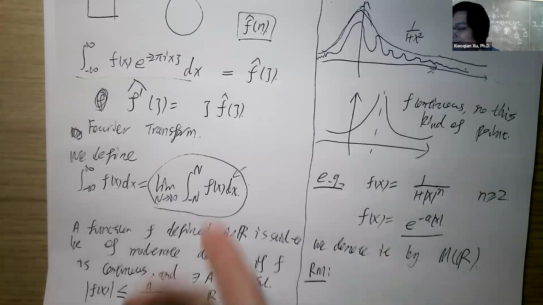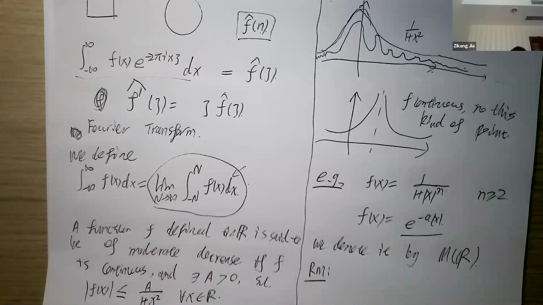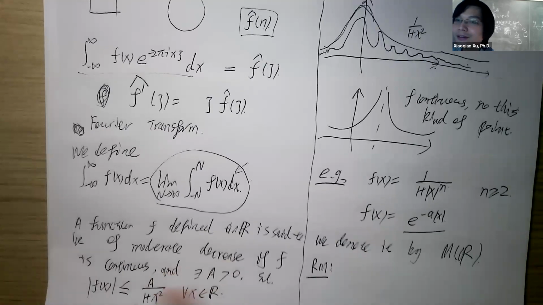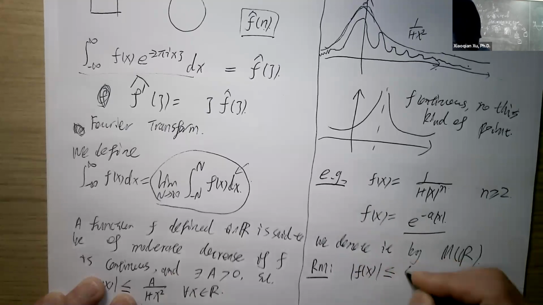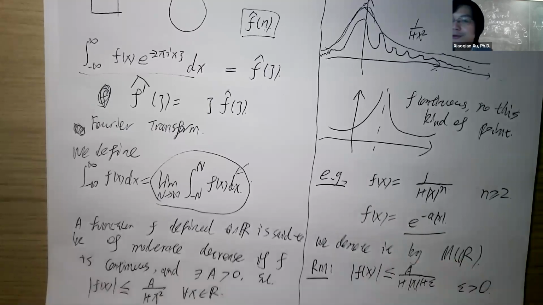So of course, when you take this kind of integral, you are only interested in what happens when n goes to infinity, right? So if you have 1 over x squared, then it's arctangent, or it's 1 over n. As n goes to infinity, it converges, right? But then, why can't we have f(x) less or equal than some constant divided by 1 plus x to the power 1 plus epsilon, for some epsilon greater than 0?